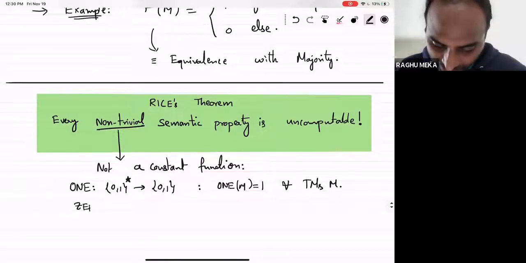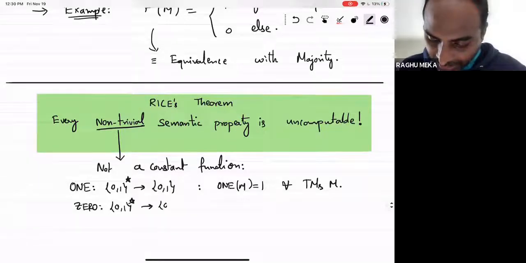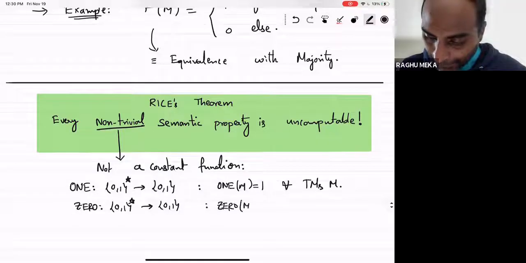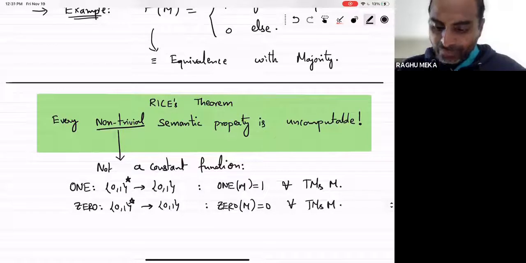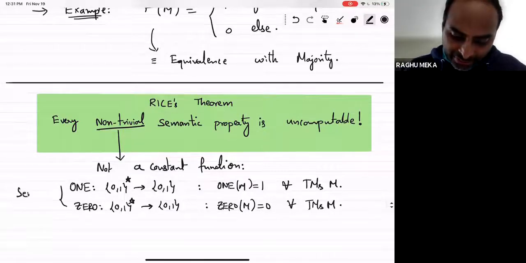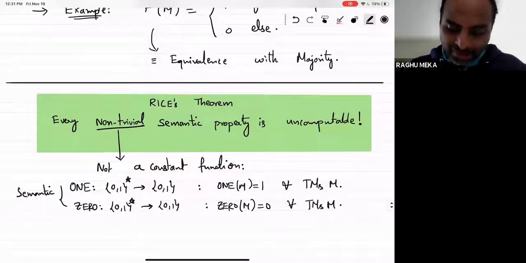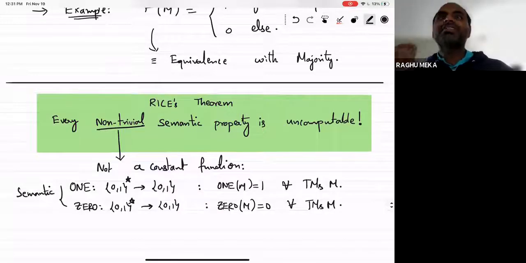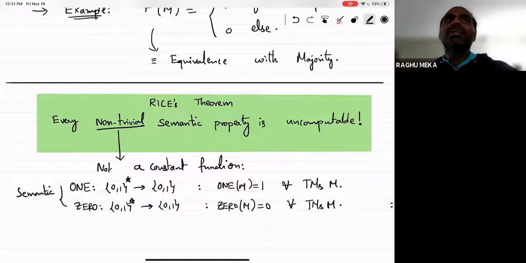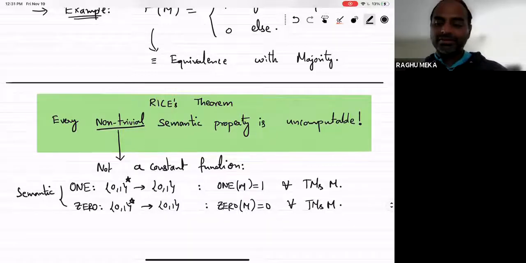And let's say 0 is just the same thing again, but outputs 0 on all things. Okay, these are semantic, but they're trivially semantic. They're just outputting a constant, and they are computable.